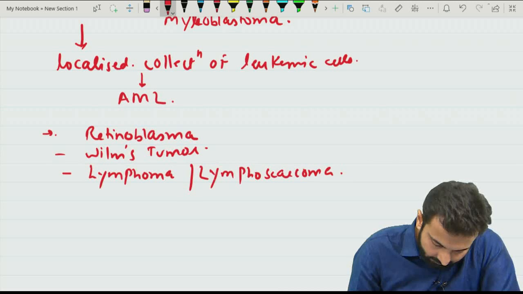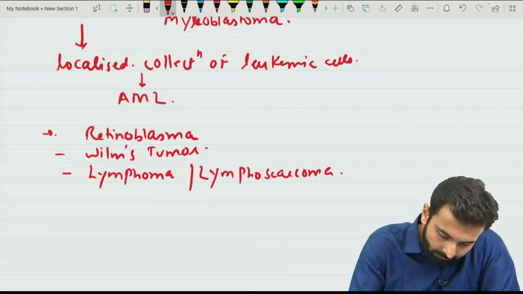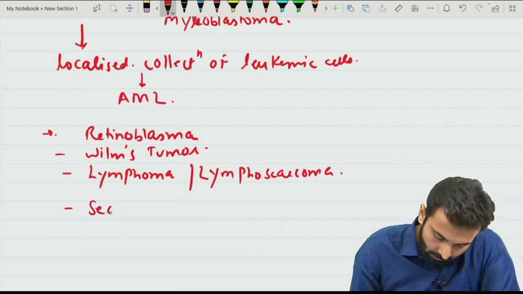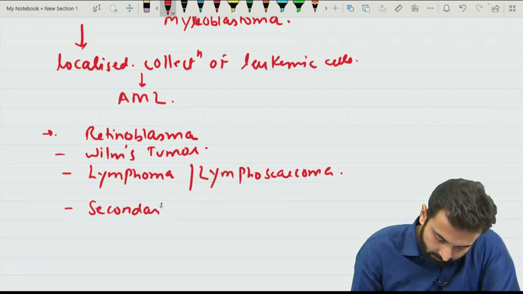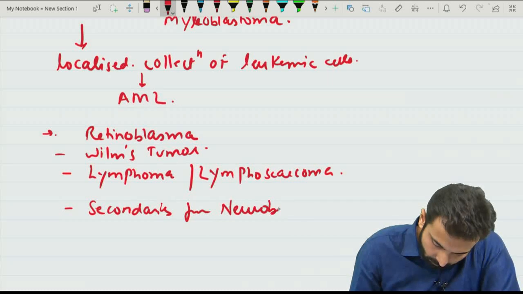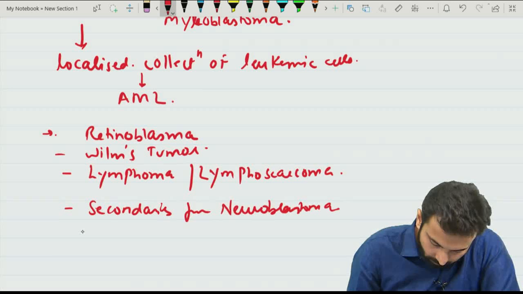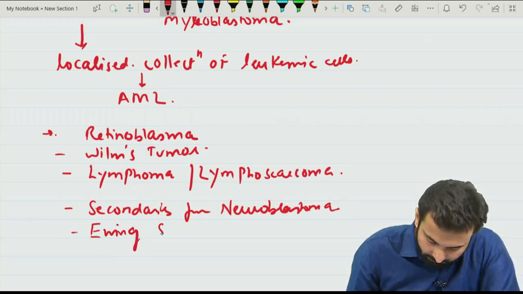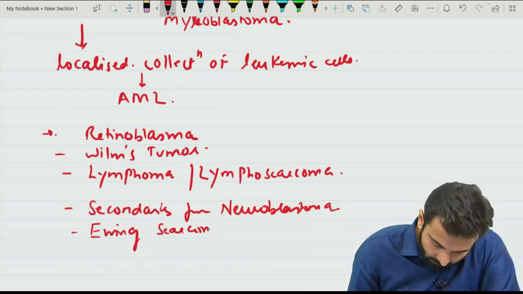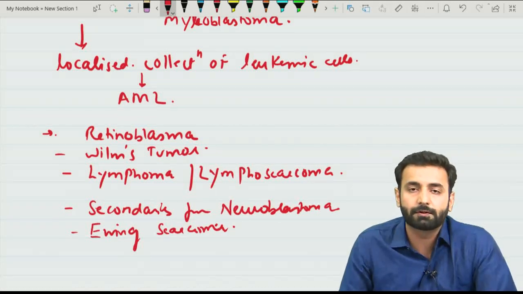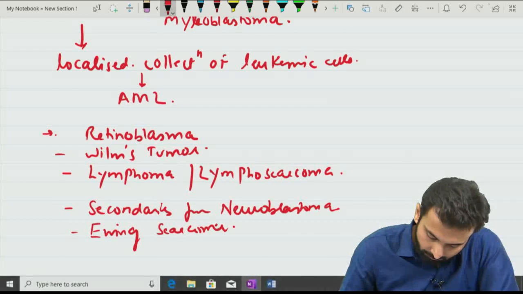Also seen in secondaries from neuroblastoma or Ewing's sarcoma, right? So these are the tumors which produce proptosis that you should keep in mind.